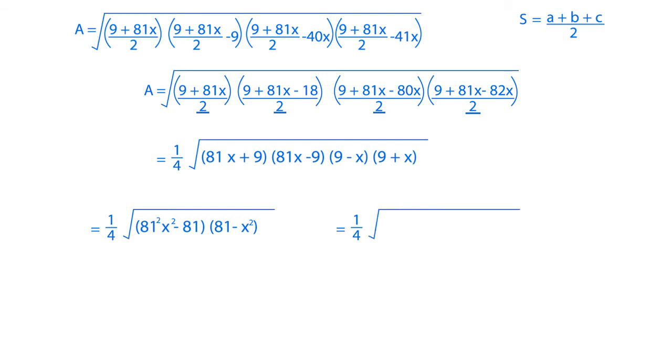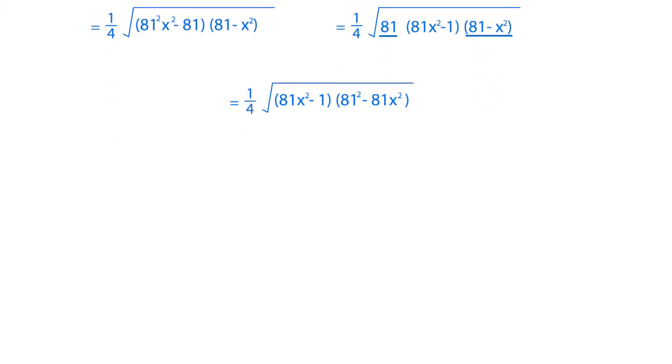We can factor out an 81, and we're left with 81x squared minus 1, and this one just remains 81 minus x squared. And we can combine this with that. So this one becomes 81x squared minus 1, but then these two combine to give you 81 squared minus 81x squared. The reason for doing that will become clear in the next step.